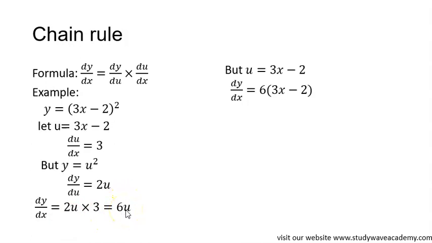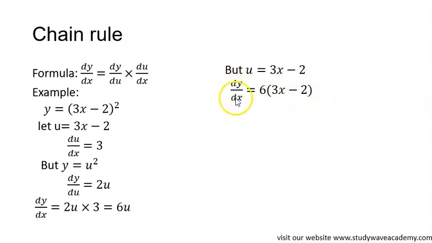But u is this. So we substitute u into this, okay? So dy over dx is equals to 6 bracket 3x minus 2 bracket close. Do you understand? So this is our final answer, okay, from this. So dy over dx is equals to 6 bracket 3x minus 2 bracket close, okay?